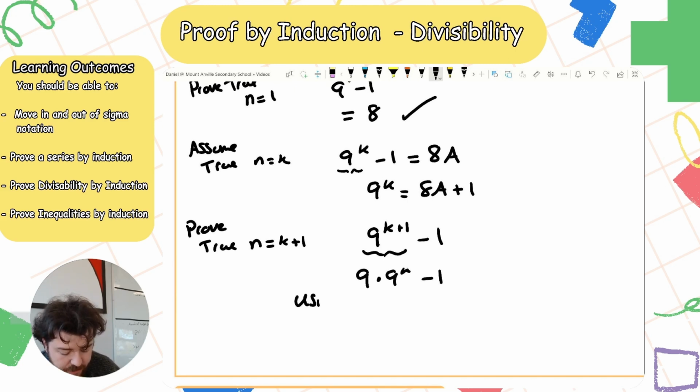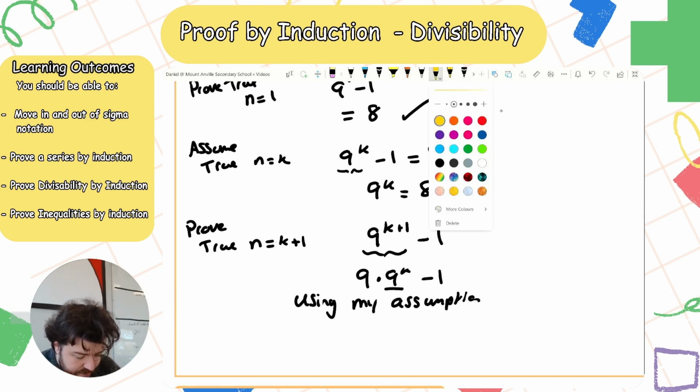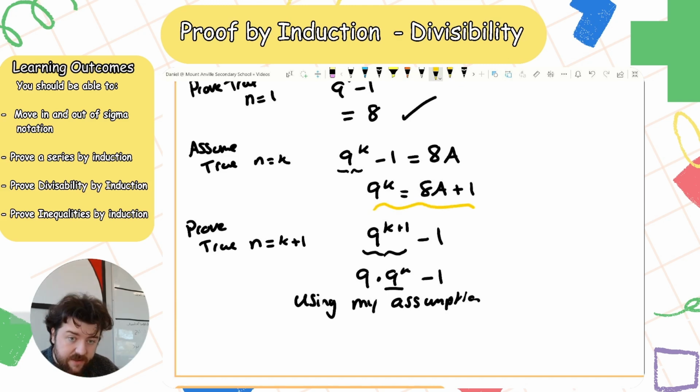Then using my assumption, I have a 9 to the k here, and I said 9 to the k is equal to this. So I'm just going to use my assumption and sub that in. So I'm going to have 9 times 8a plus 1 minus 1.